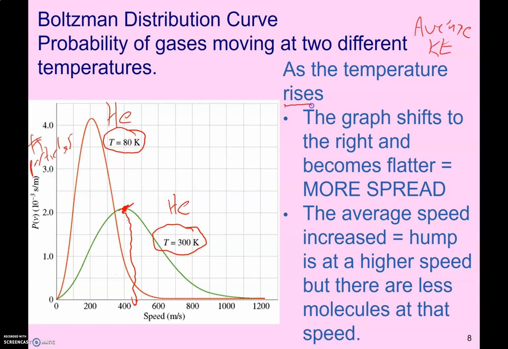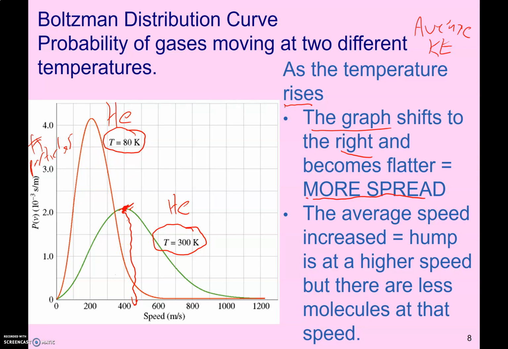As the temperature rises, the graph shifts to the right, so the peak is at a higher speed, but there's more spread. So if you were in AP Bio, you would say the standard deviation here is greater. There's a greater spread. Whereas at lower temperatures, while the hump is at a lower speed, there's less spread of speeds, or of possible speeds.